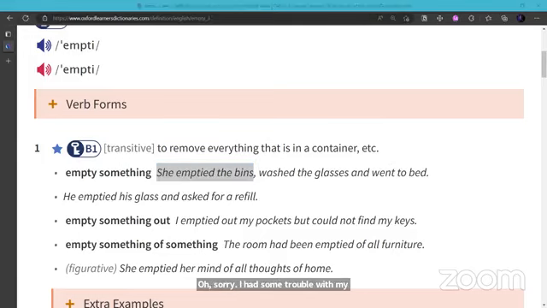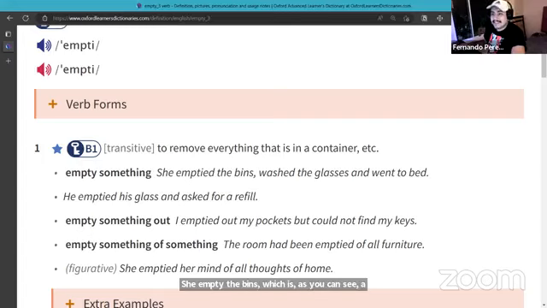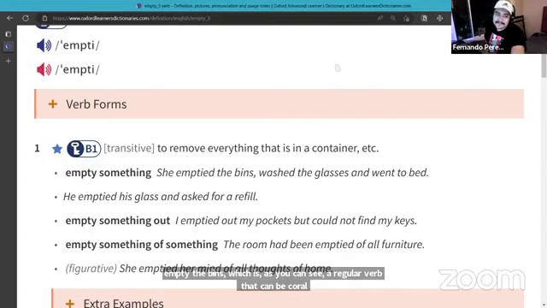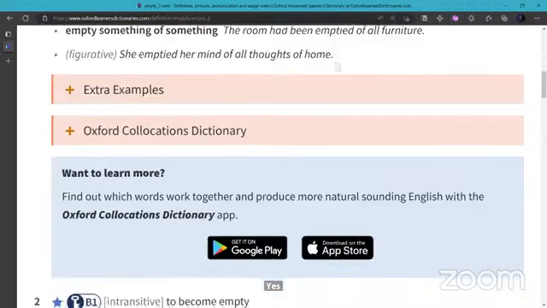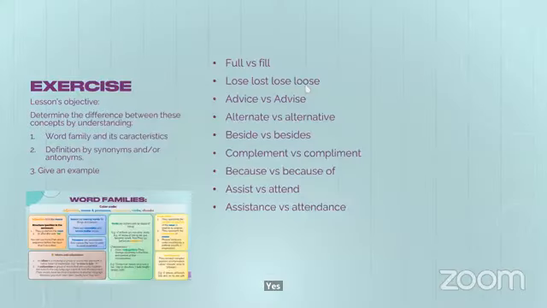She emptied the bins. She emptied the bins, which is, as you can see, a regular verb that can be correlated directly with the verb feel. Right? Yes. The antonym of it is empty. Okay. Very, very good.